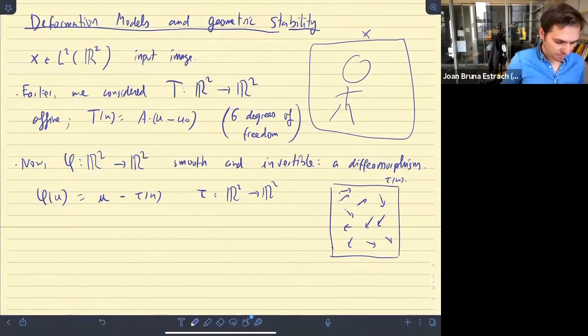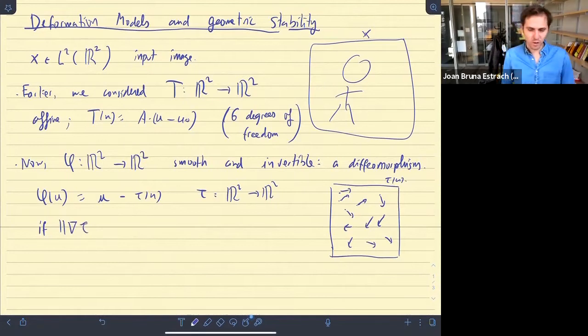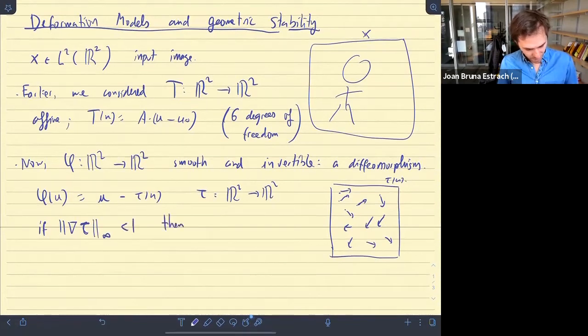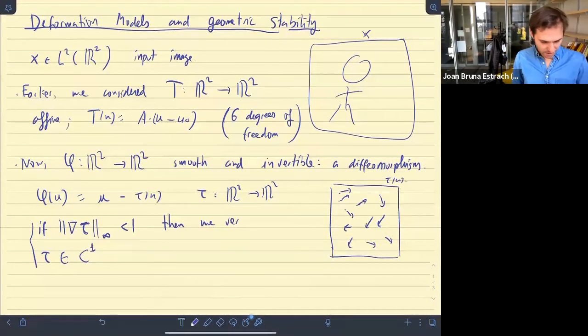And so if in absolute value the maximum displacement, the elasticity of this deformation field, is always smaller than 1, and tau is let's say at least C1, then we verify that this mapping is a diffeomorphism.